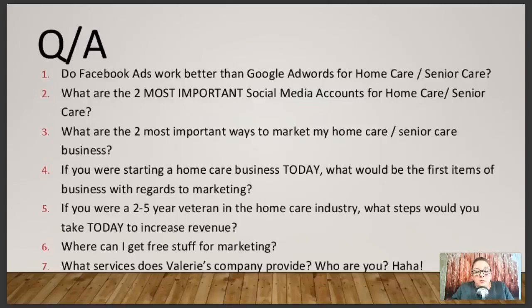The challenge in the home care industry isn't that AdWords in general doesn't work. It's that we have tons of job seekers, and a lot of them aren't qualified. So even if you need job seekers, they may not be qualified to work for you. So we have tons of job seekers clicking on those ads.